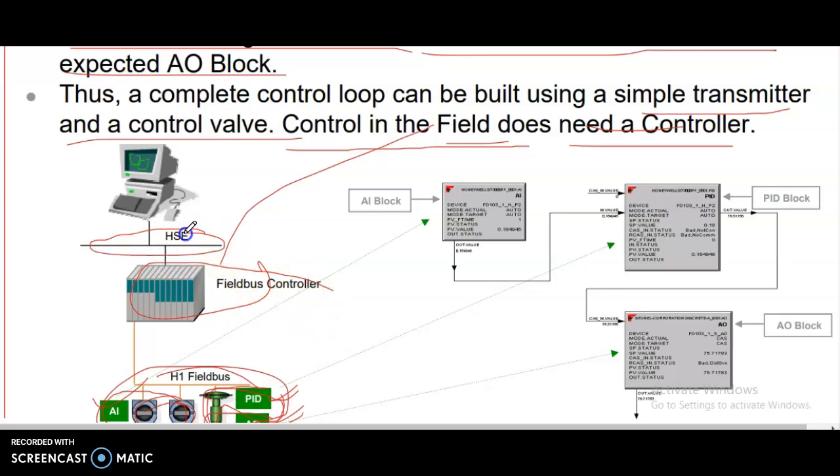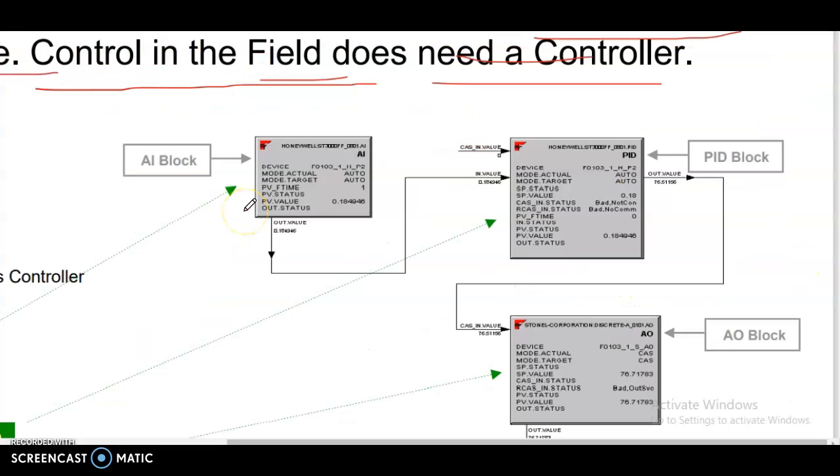High Speed Ethernet. Here, in this AI block, device name, mode actual, mode target, PV_FTIME, PV status, PV value, output status. This is the PID block.